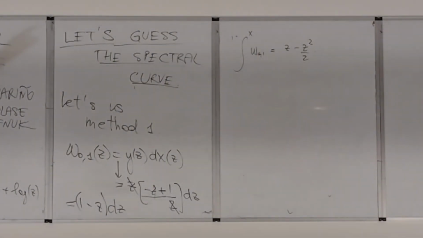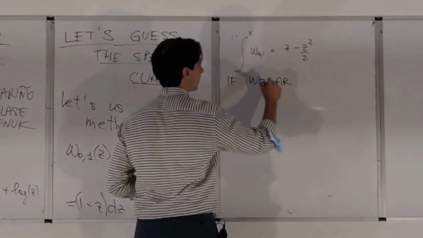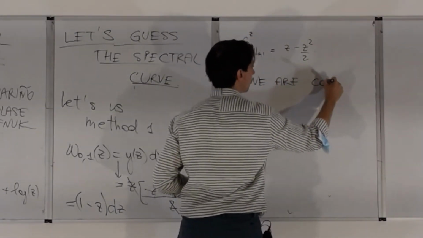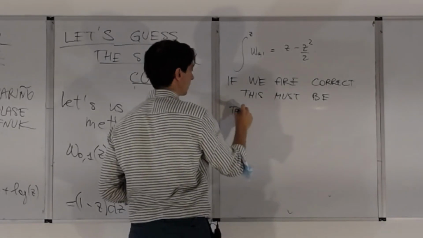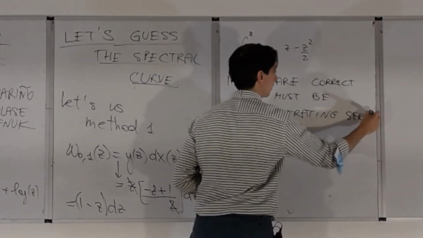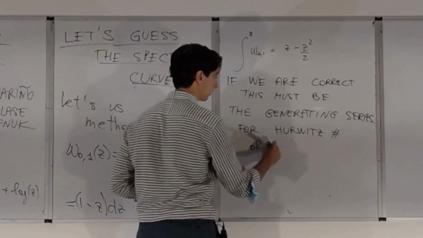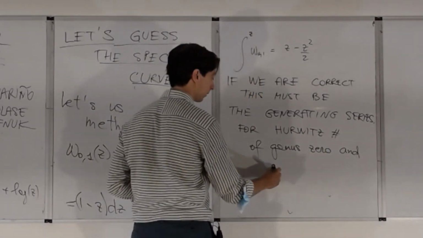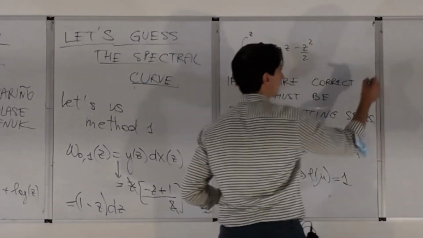So I'm claiming something super weird at this level. If we are correct, this must be the generating series for Hurwitz numbers of genus 0 and n equal to 1, which means that the length of your partition mu is equal to 1.